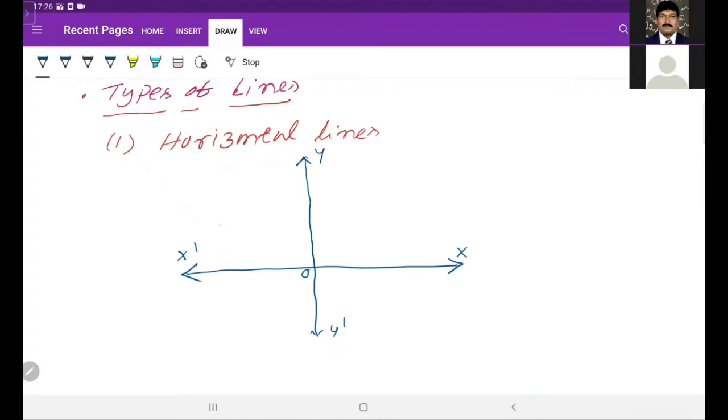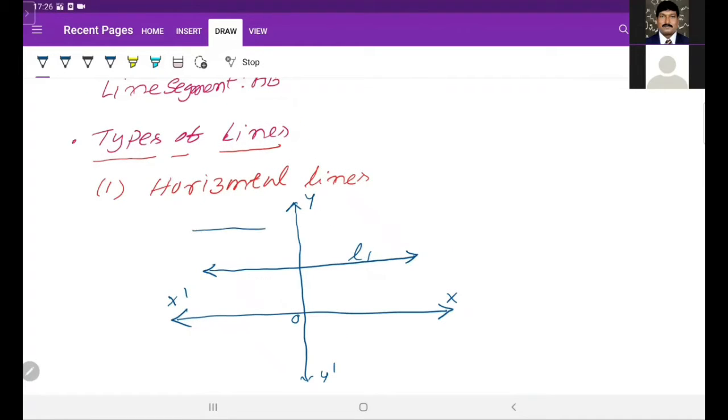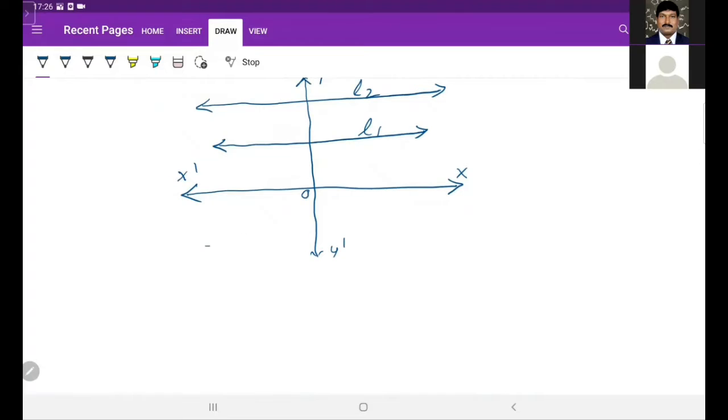This is the line L1. Next, this is a line L2 above x-axis. Below also possible there. Infinite lines are there now. It is L3, it is L4.